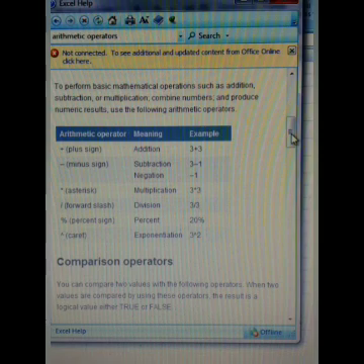Arithmetic operator. Look at the table given there. The table shows different types of arithmetic operators and the corresponding operation each indicates. Plus operator does addition, minus operator performs subtraction, star operator performs multiplication, slash operator performs division.